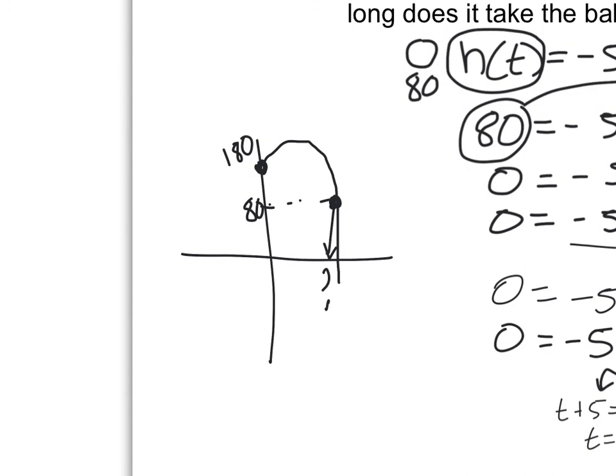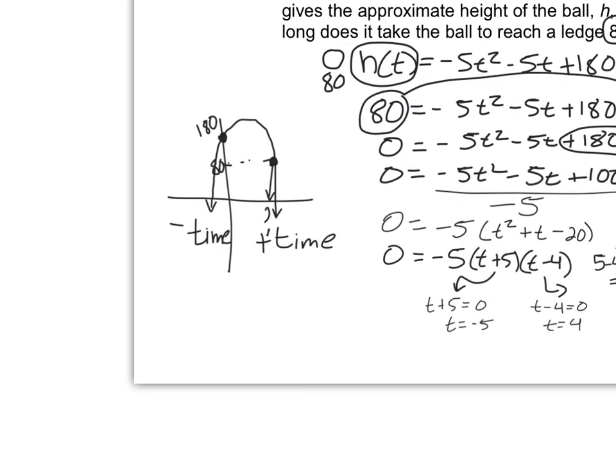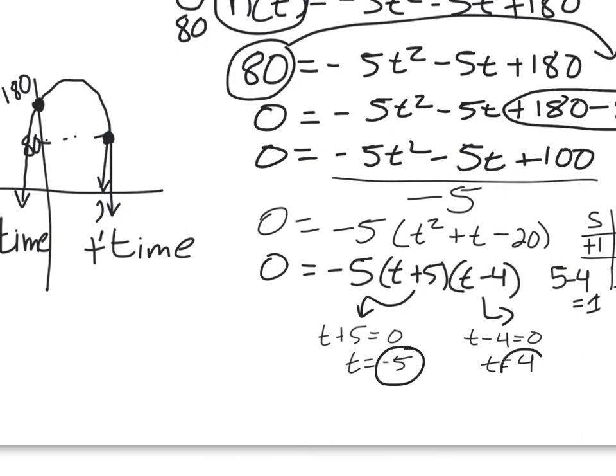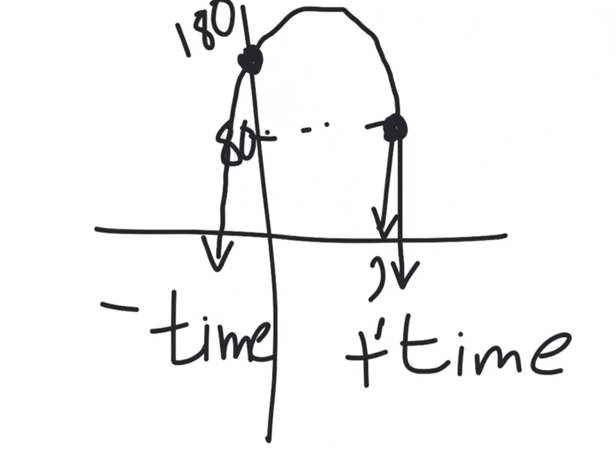Well, theoretically, the parabola exists both in positive and negative time. But really, we can only ever have positive time. We can't have this negative time on our left side. So if I look at my answer right now, I've got a negative 5 and a positive 4 for my time.